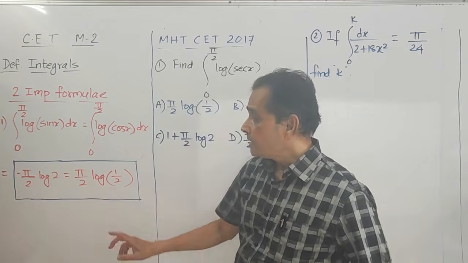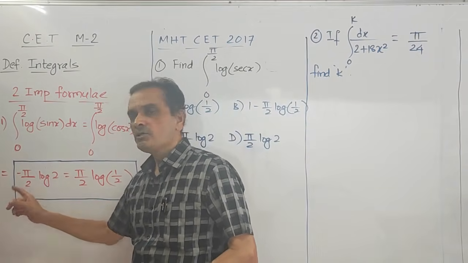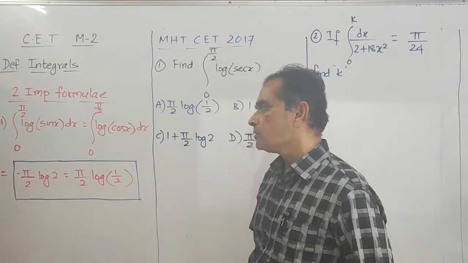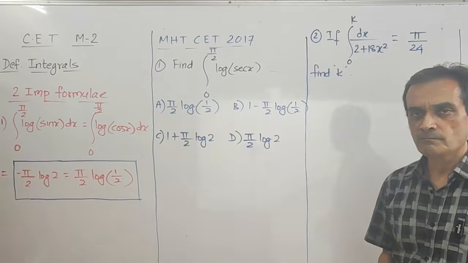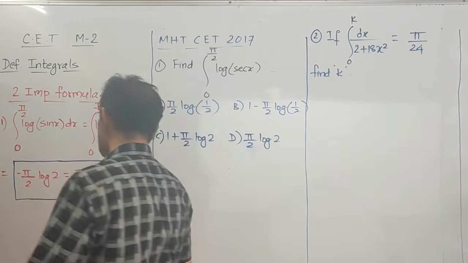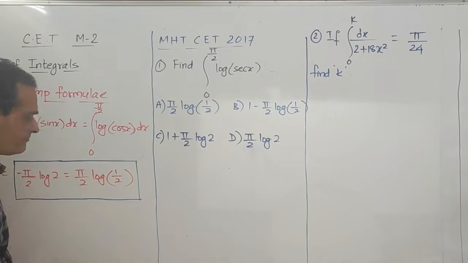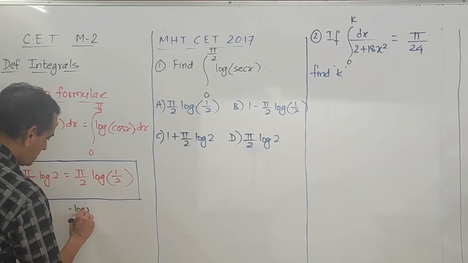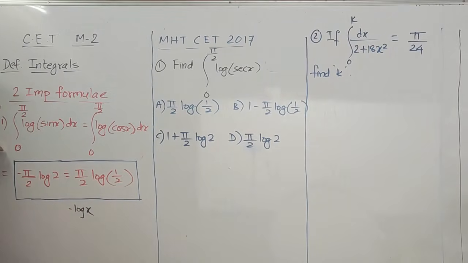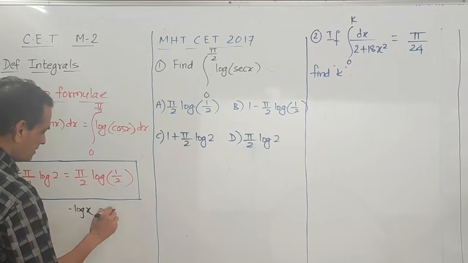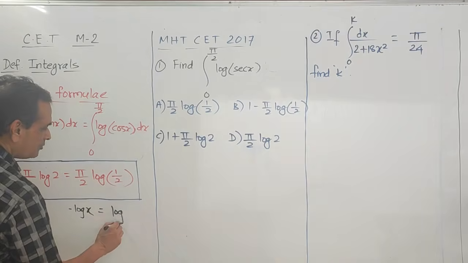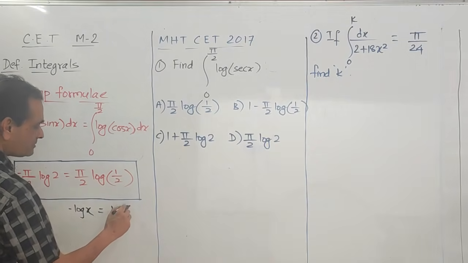That means इसके सामने जो साइन है वो अगर चेंज किया तो लॉग के सामने जो कुछ रहता है उसका रेसिप्रोकल हो जाता है. Followed? In short, it is like this. I'll just brief. If you have minus log x, if you change this sign or remove the sign, x becomes 1 upon x.